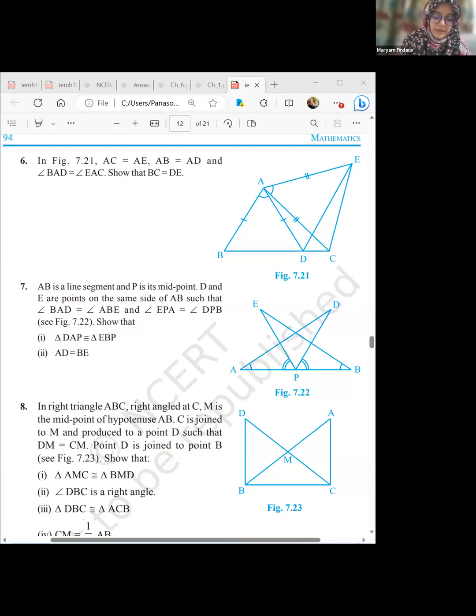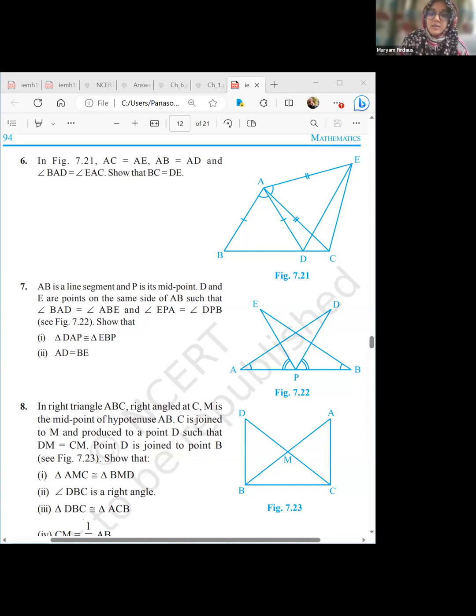ABE. So BE we have to connect. ABE is this angle. These two angles are equal.